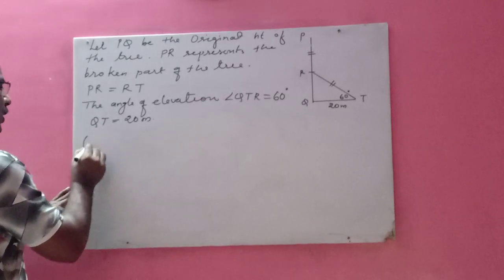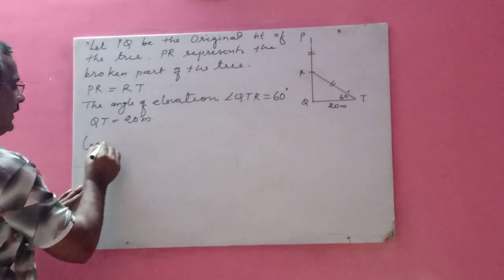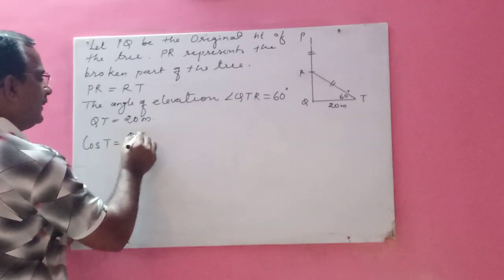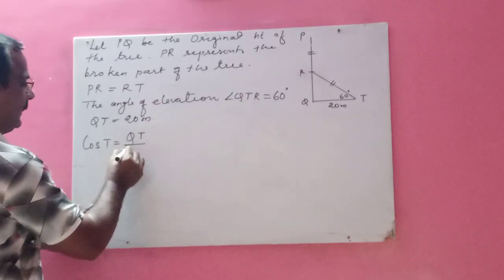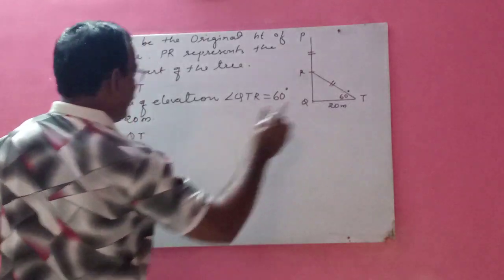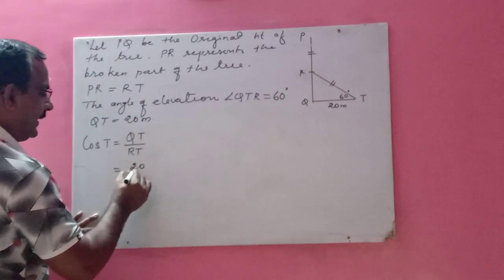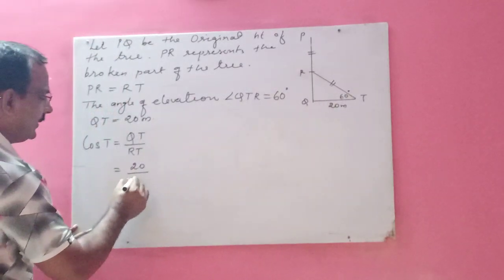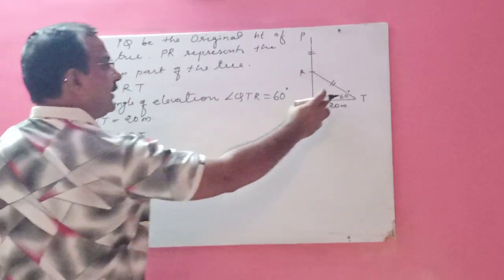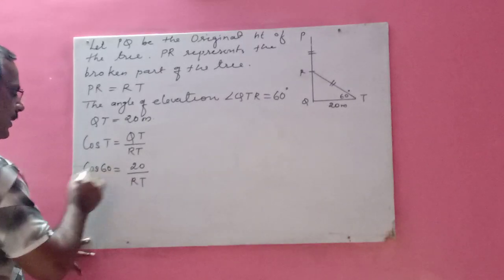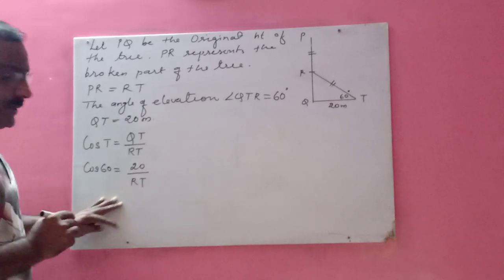Applying this, cos T is equal to adjacent side upon hypotenuse. Adjacent side means this side, which is 20, upon hypotenuse means RT, write as it is, and cos 60 you should write here. Cos 60 is equal to how much, children?